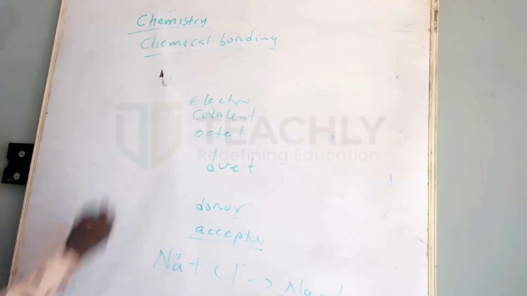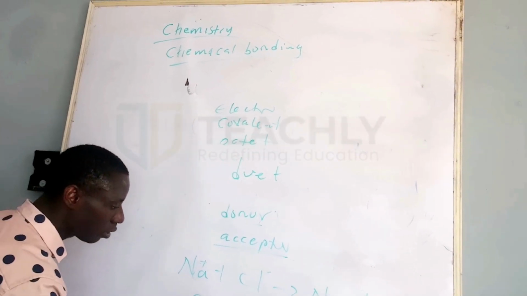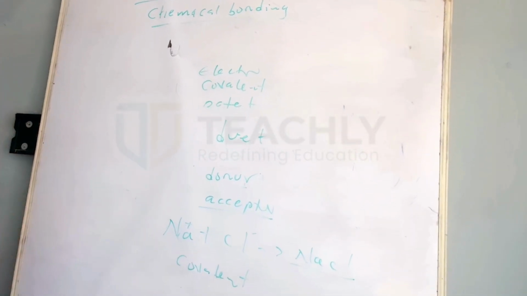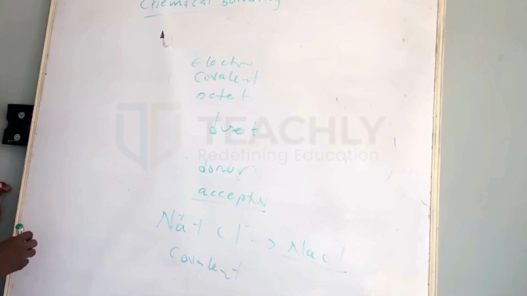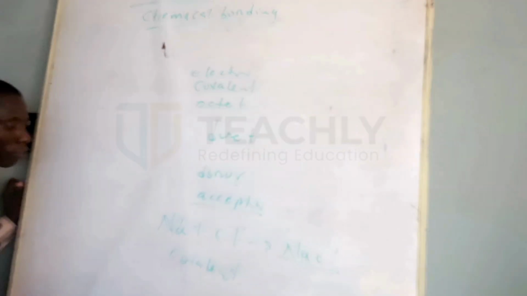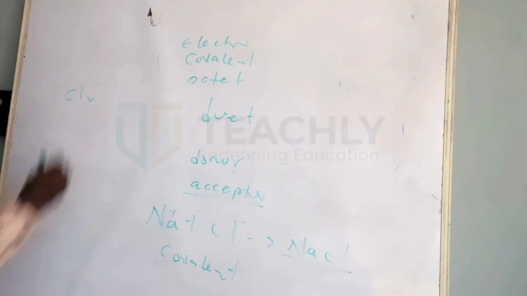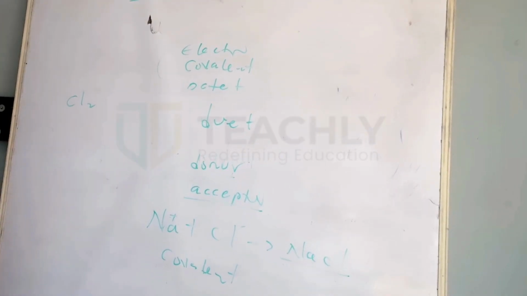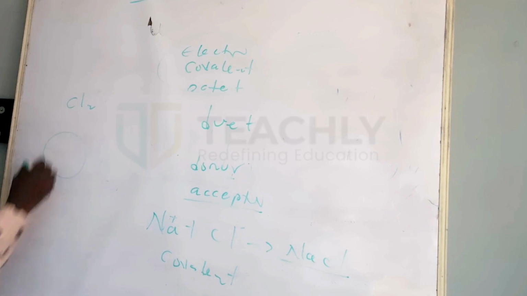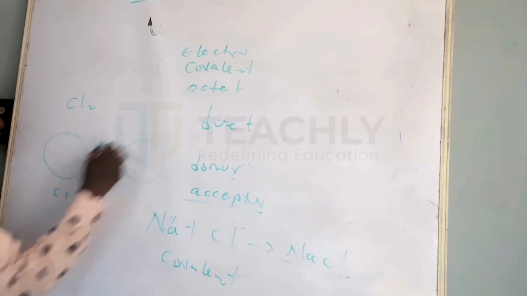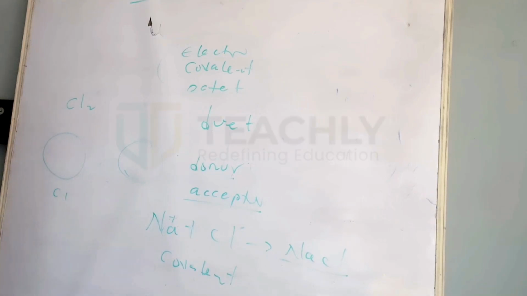Then also we looked at covalent bonding. In covalent bonding, there is a sharing of electron, whereby the two participating atoms donate electron to share. For instance, chlorine gas: a chlorine atom, Cl, and another chlorine atom, Cl, forming a bond.